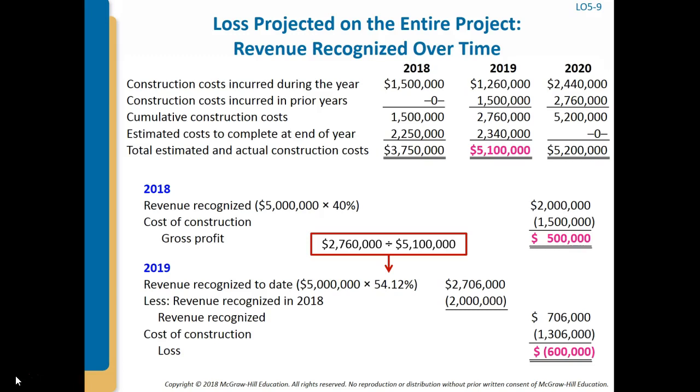So the total gross loss to recognize in 2019 is $600,000. Revenue recognized of $706,000 is added to the gross loss of $600,000 to arrive at the cost of construction of $1,306,000.